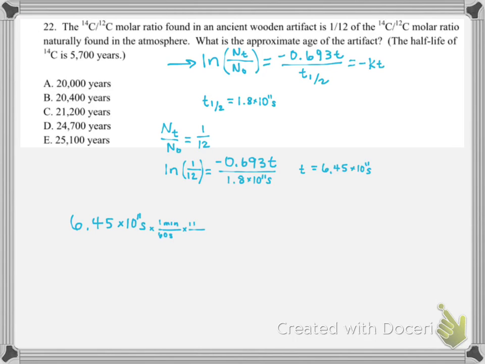In 1 hour, there's 60 minutes. In 1 day, there's 24 hours. And then in 1 year, there's 365 days.